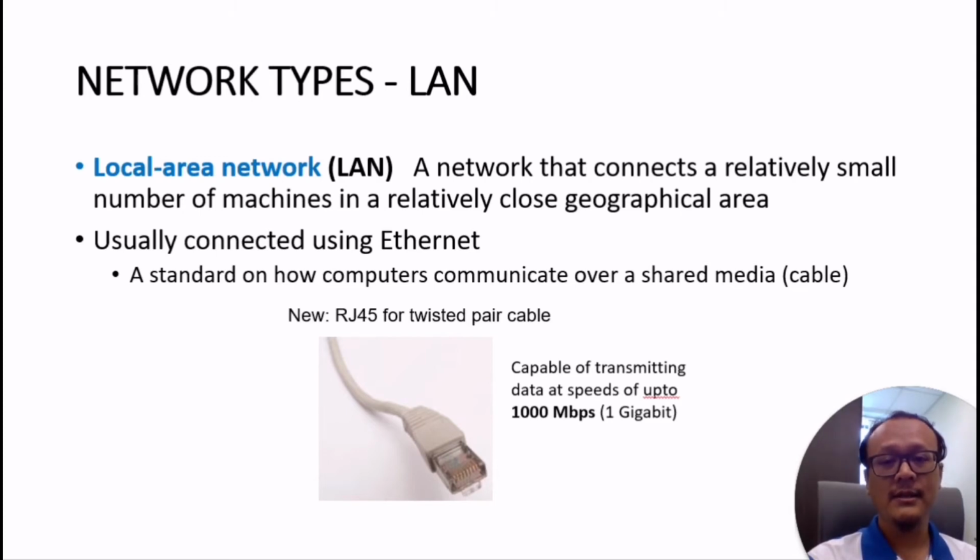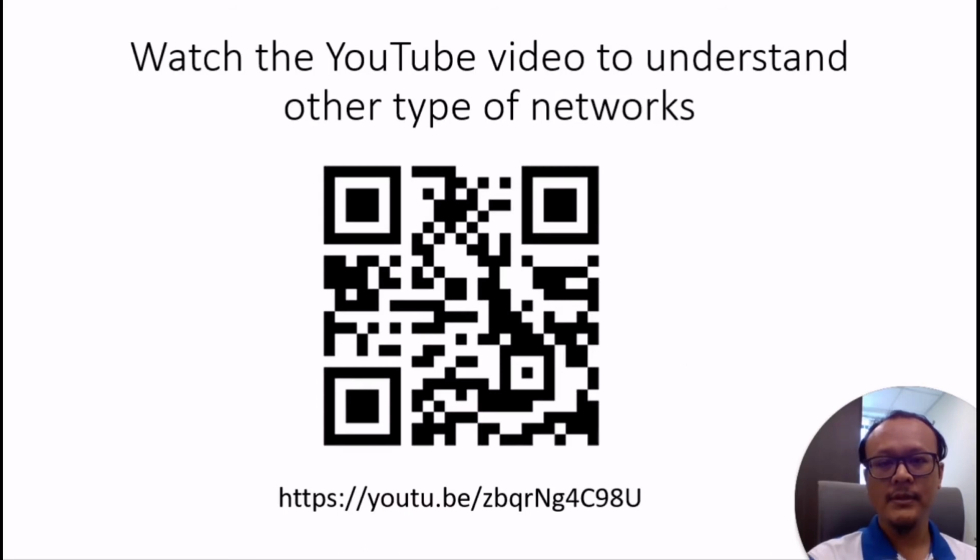Usually the cable we use is RJ45 twisted pair cable, capable of transmitting data up to 1 gigabit per second. Please watch this YouTube video to understand other types of networks such as WAN, MAN, and others. You can scan the QR code and watch the YouTube video from the link.